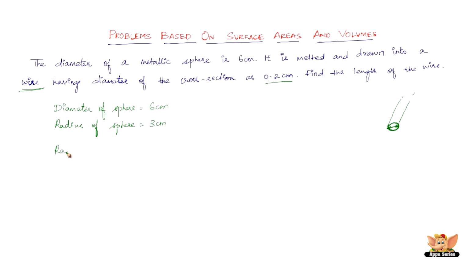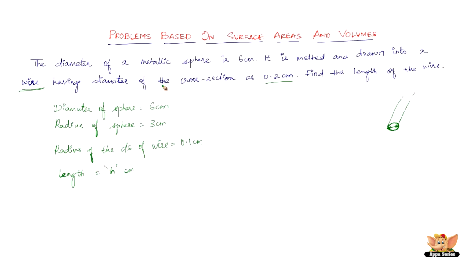So the radius of the cross section of the wire is going to be half of the diameter. If the diameter is 0.2, the radius is going to be 0.1 centimeter, right? So we need to find the length of the wire. So let the length of the wire be h centimeter.